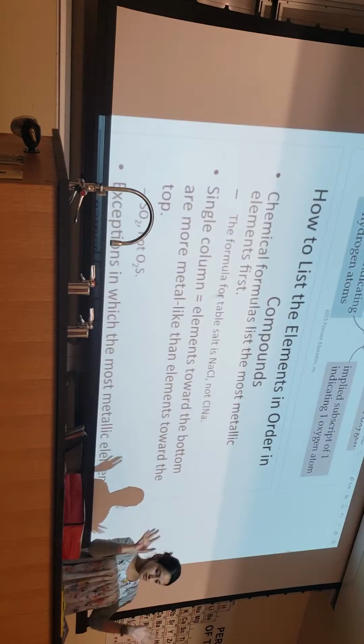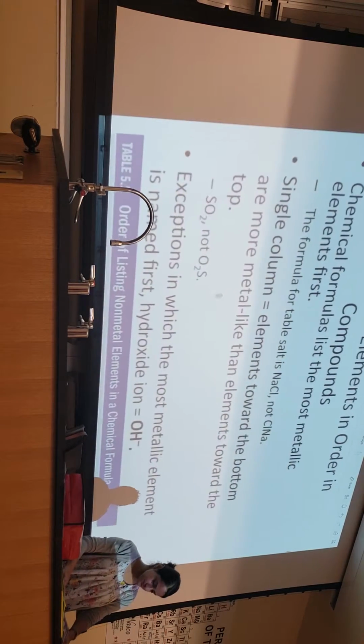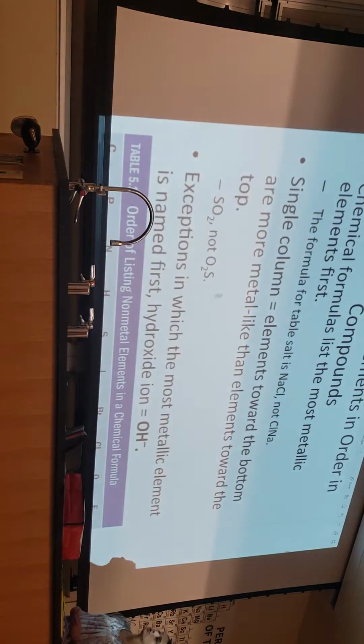It's just not random when you do this. So when we look at chemical formulas, the most metallic is named first. So that's why sodium is first. The sodium is the metal, chlorine is the non-metal. So you'll see that sodium chloride, sodium bicarbonate, which is baking soda, same thing, sodium's first.